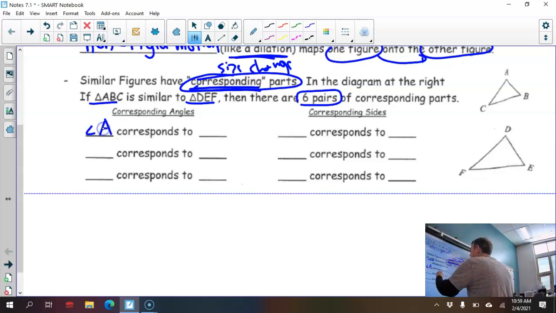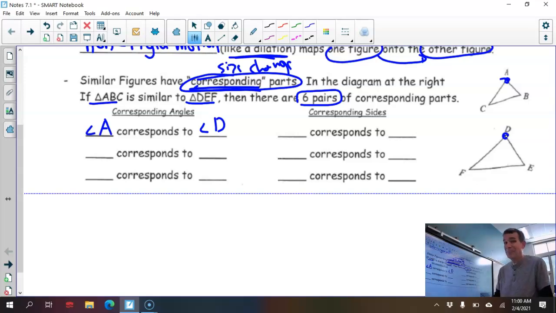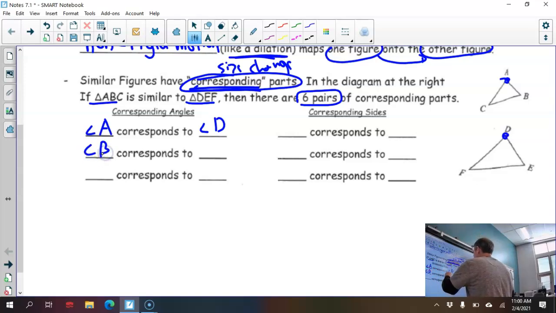Angle A would correspond to angle D, right? These two angles match up with each other. Correspond means they match up with each other. Angle B corresponds to angle E, and angle C corresponds to angle F.